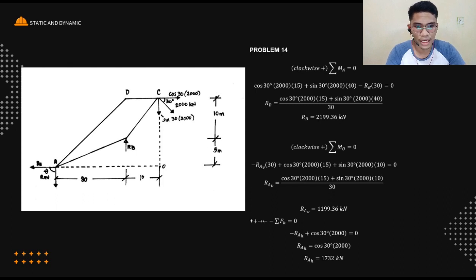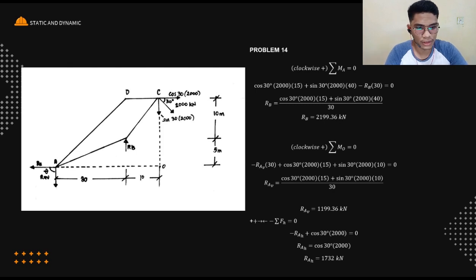So, negative RAV multiplied by 30 which is its moment arm plus cosine 30 degrees times 2,000 and then by 15 which is its moment arm. Positive po siya. Nag-plus po tayo kasi pa-clockwise naman po yung movement niya. And then, katulad din po dun sa may sine 30 natin multiplied by 2,000 multiplied by 10 which is its moment arm ay magiging pa-clockwise din po yung movement nila.